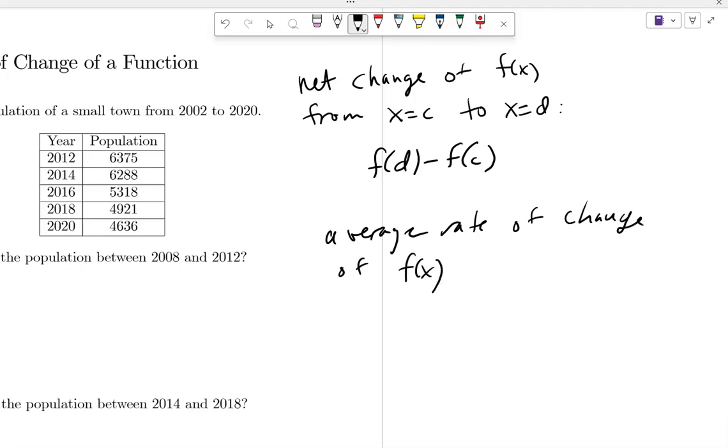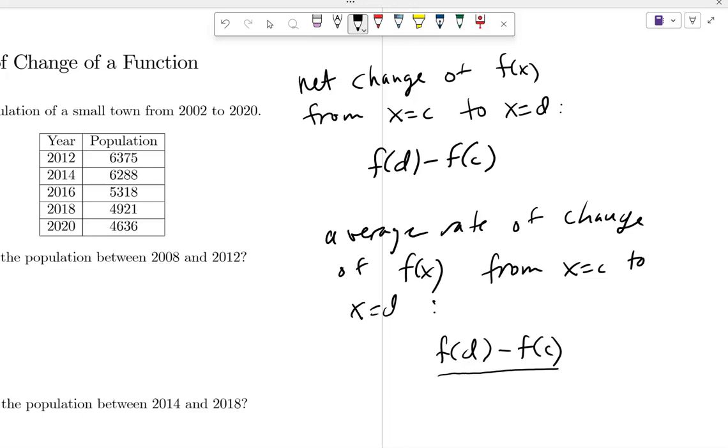So average rate of change of a function from x equal to c to x equal to d. We're still going to do our net change. How far did you go? That's f of d minus f of c. We're going to divide that by how long did it take, so we divide by d minus c.